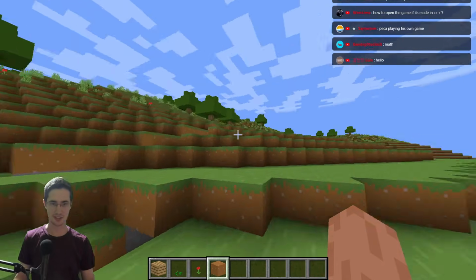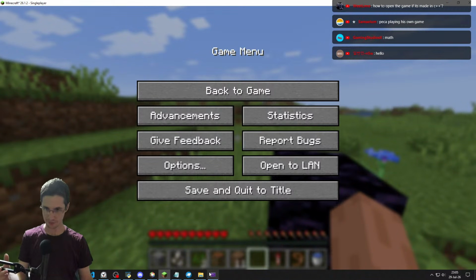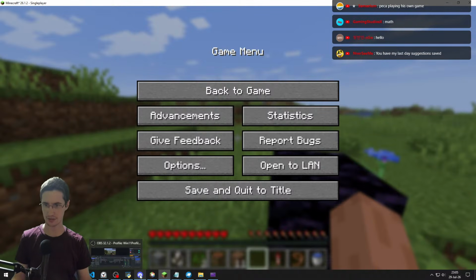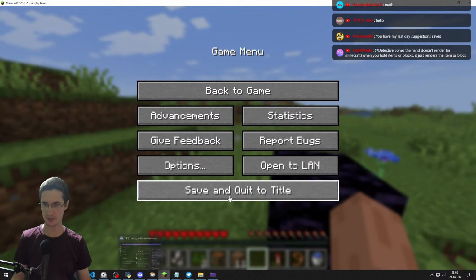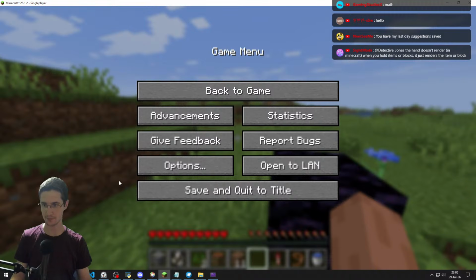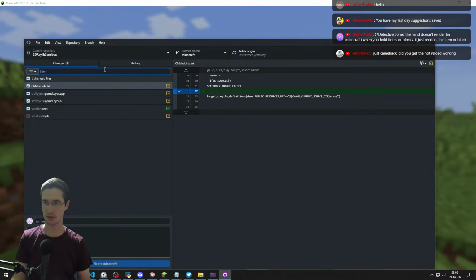Okay, chat. Let's save this. Let's save the progress. We did a lot of progress. Let's save it and move on to the next update. Where is GitHub Desktop? So what did we do, chat? How should I call the commit?